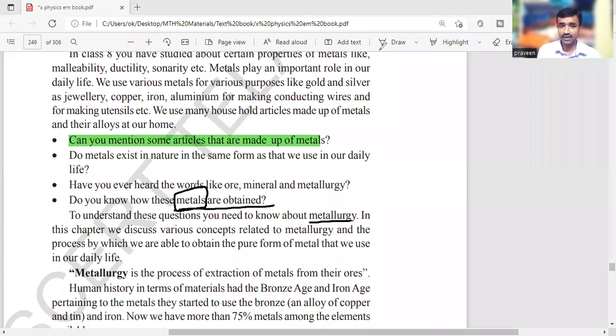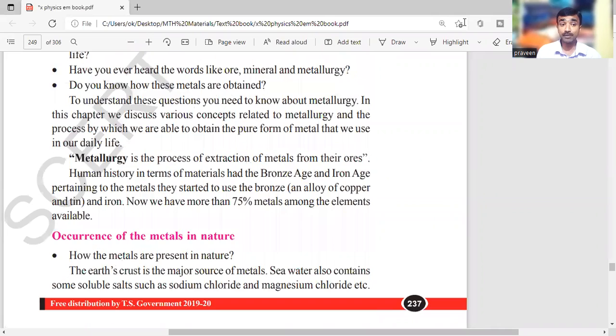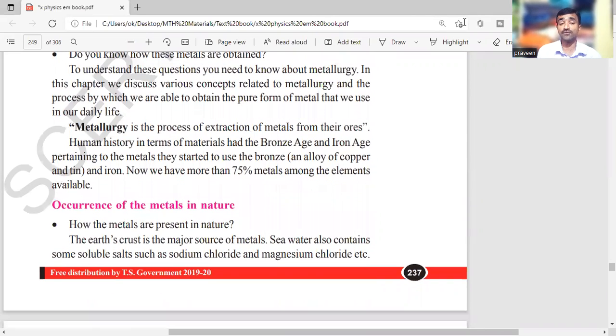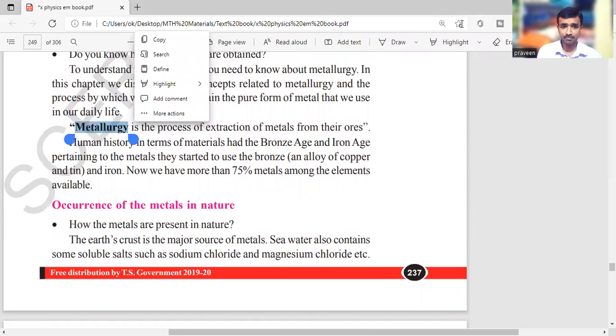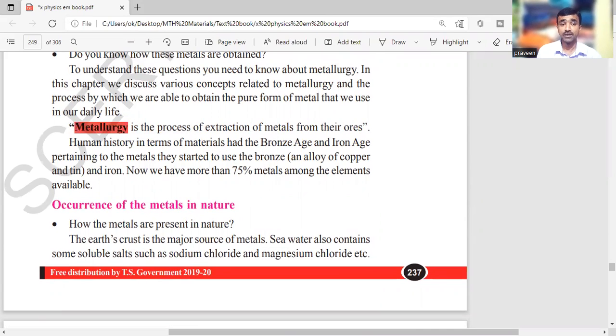So simply it is dealing with the metals, right? The obtaining processes of metals that we use in our daily life, we are discussing in this chapter, right? So that branch is called metallurgy. Metallurgy is a branch of chemistry, the process of extraction of metals from their ores.